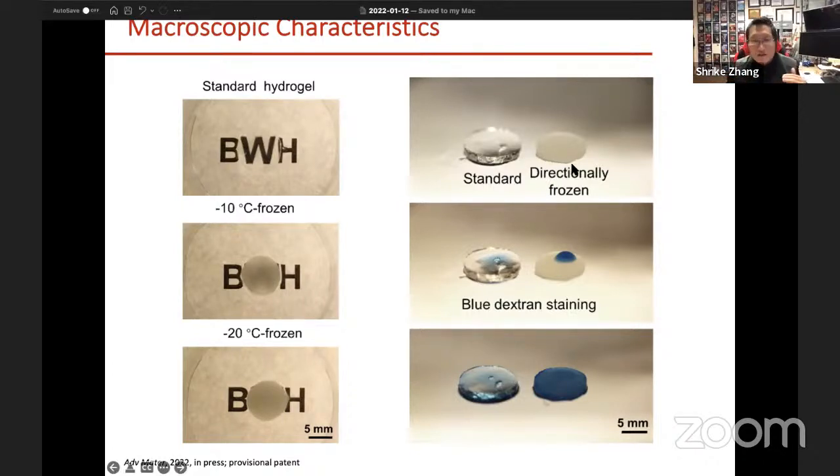But with the directionally frozen hydrogel having all the vertically aligned pores, if you drop the same dye molecule on top, it very easily transports through the entire thickness of the gel, indicating that you have all these aligned pores in the vertical direction.